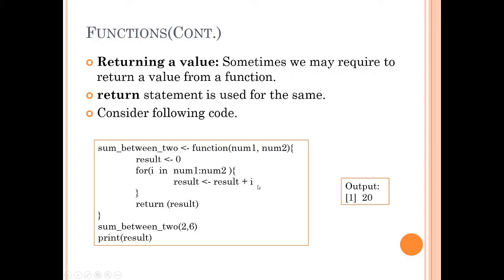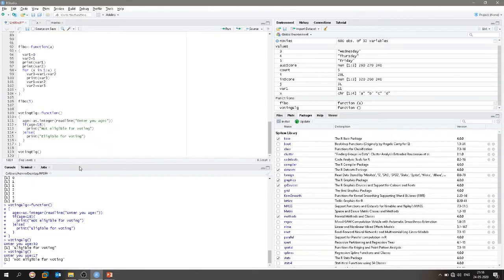Result is incremented by the current value of i, and finally it returns the result. So this function is basically adding each element within a given range and returning that addition as an output.